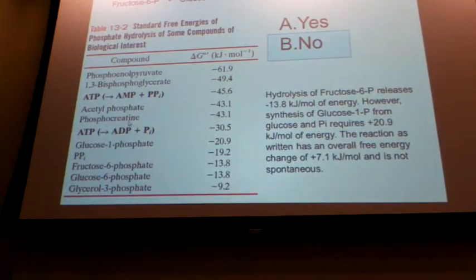Phosphocreatine, if you remove the phosphate group, is a negative 43.1, but if you're adding a phosphate group, it's a positive 43.1. So is that a spontaneous process? No. And yet it happens.